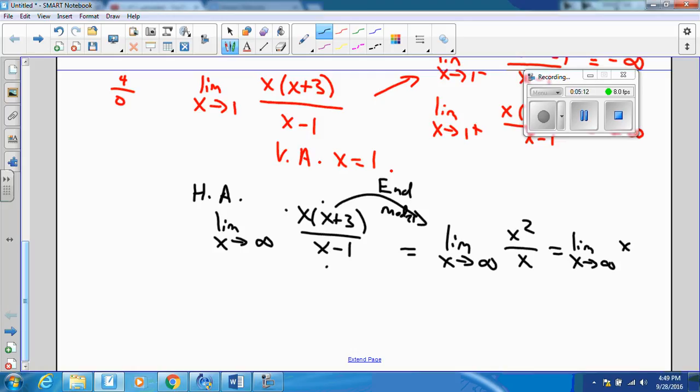So this is the limit as x goes to infinity of just x, which is positive infinity. This means that my function has no horizontal asymptote off to the right.